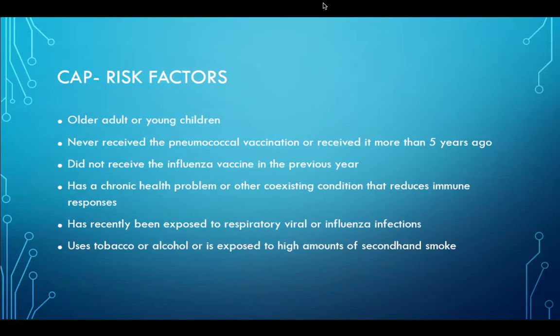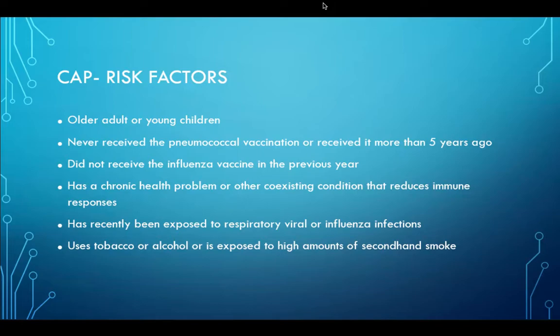Some of the risk factors for your community-acquired pneumonia: either the very young or very old. The very young, because the immune system has not yet developed fully, so they can't fight off an infection. And in the very elderly or very old, the immune system has been worn out, essentially.